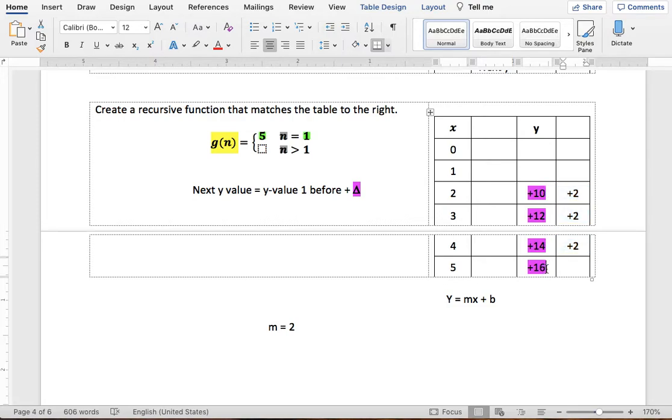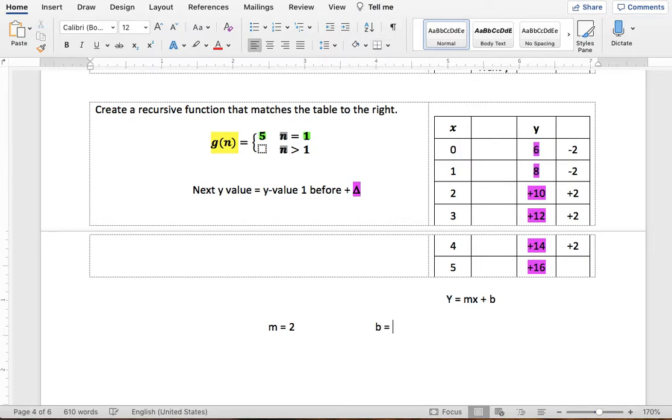So going up, 16 minus 2 is 14. 14 minus 2 gets me 12. 12 minus this 2 gets me 10. 10 minus this 2 gets me 8. 8 minus the 2 gets me 6. So your y-intercept is 0, 6. Your y-intercept, or your b, is 6.